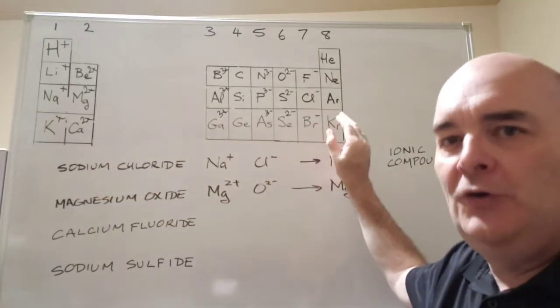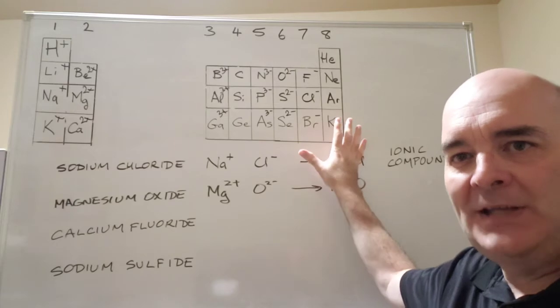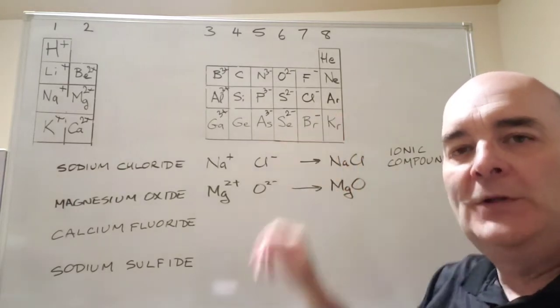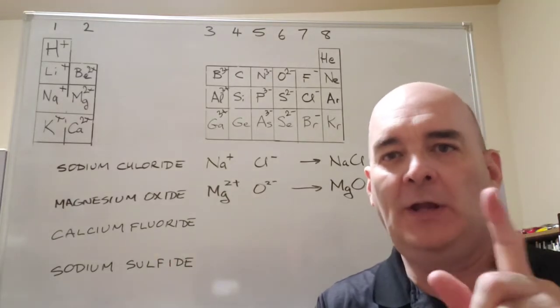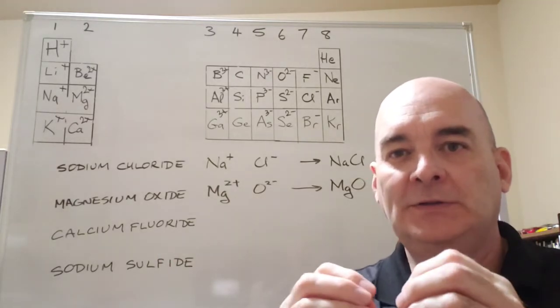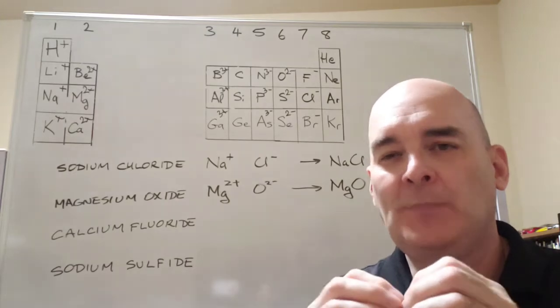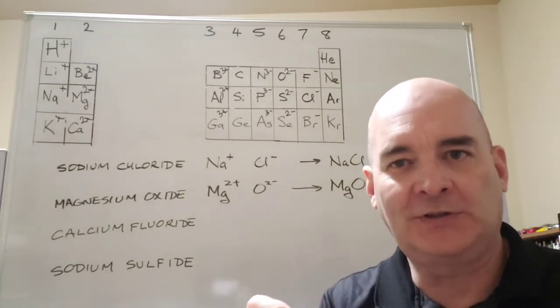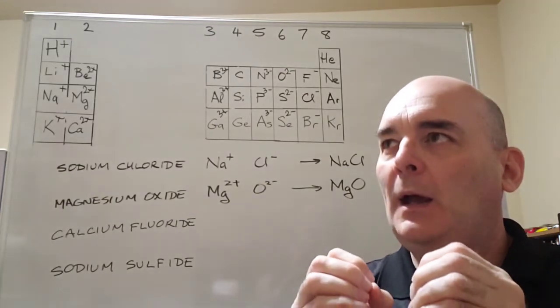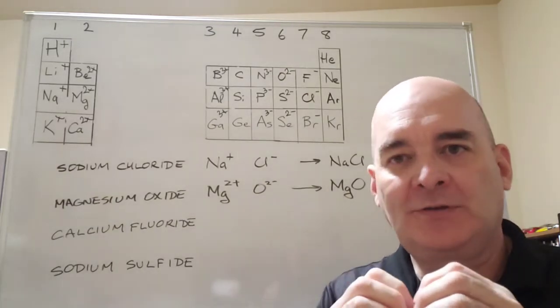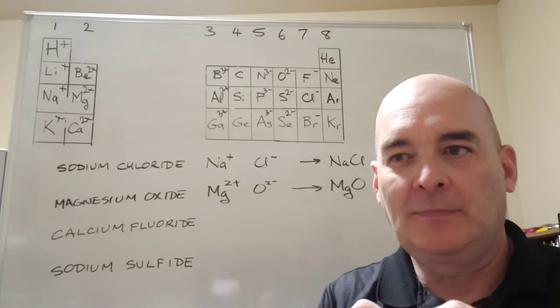And we take a non-metal from the right side of the periodic table and turn it into an anion. Then we make the cation and the anion stick together by attraction, because positive charges and negative charges attract one another. And when we have balanced the charges, you are done.